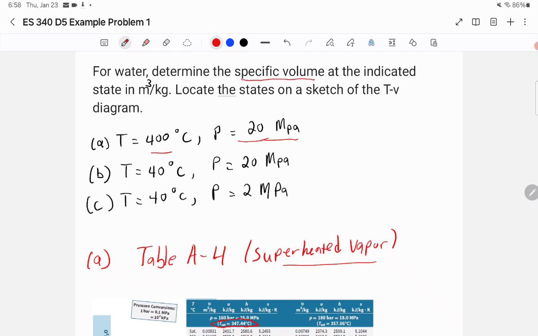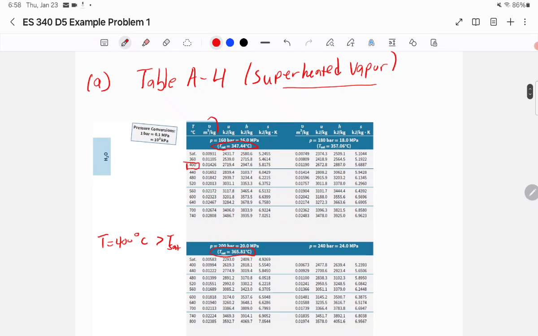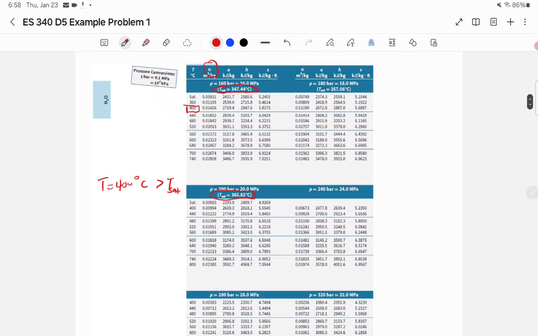And remember, specific volume is this lowercase v, in meters cubed per kilogram. So if I come down here, I have 400 degrees. I'm going to erase all this stuff up here now, except for that. I do want to keep note of that.